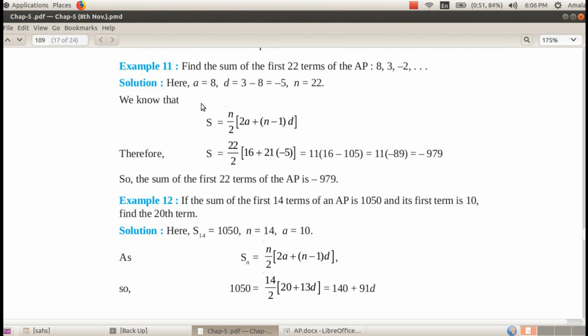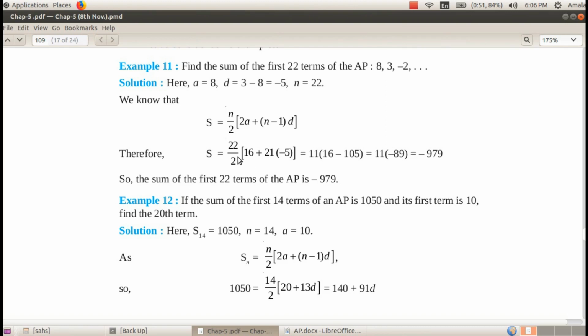The sum of first n terms of an AP is Sn equals n by 2 into 2a plus n minus 1 into d. Now we know the values of a, d and n. Just substitute those values in this formula. We will get S equals 22 by 2 into 16 plus 21 times minus 5. That is equal to 11 times 16 minus 105.